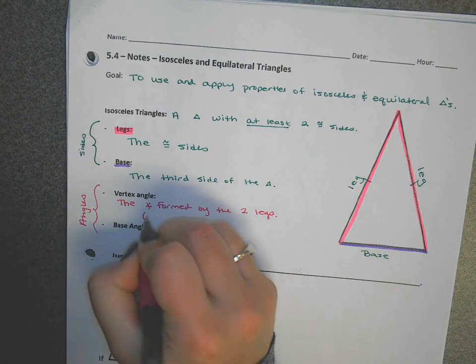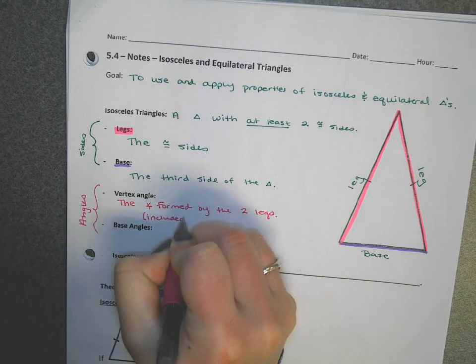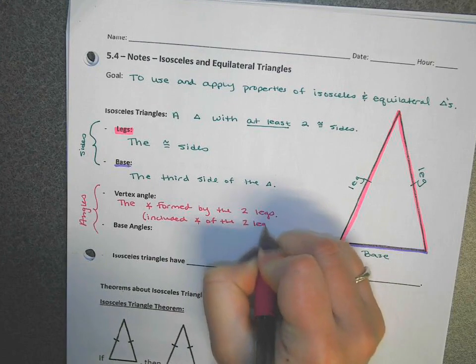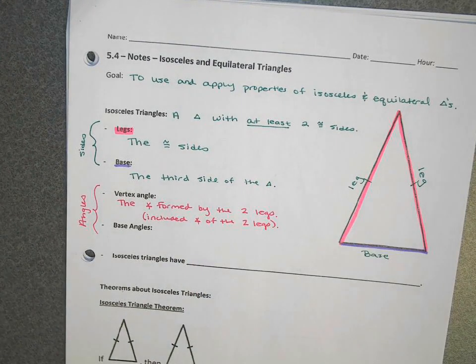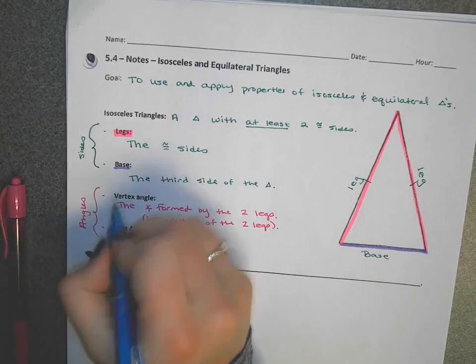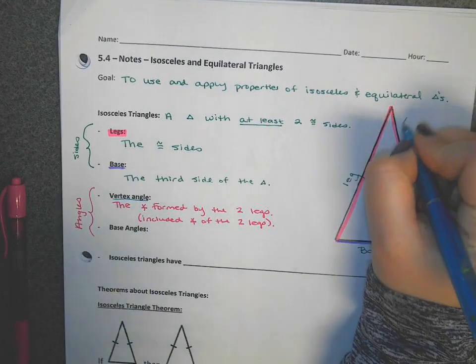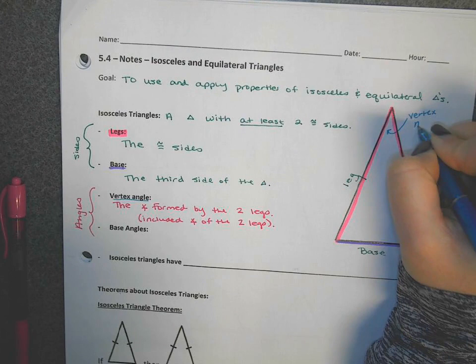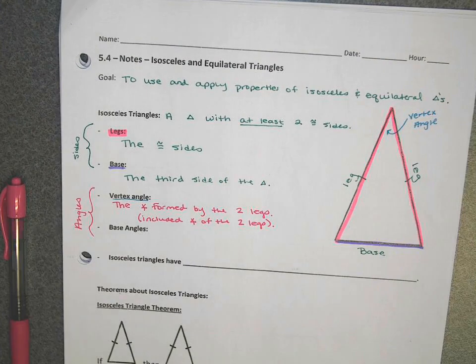It's the included angle of the two legs. So the vertex angle is this angle up here that's in between the two legs.